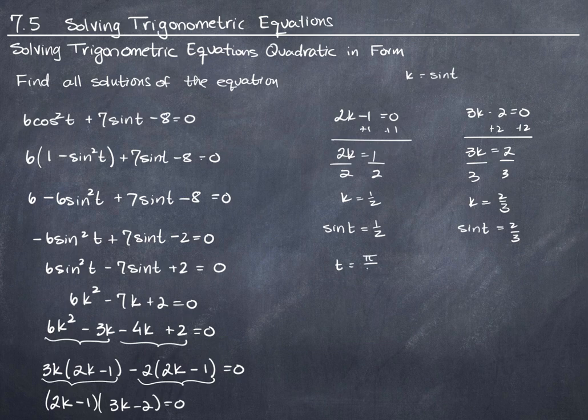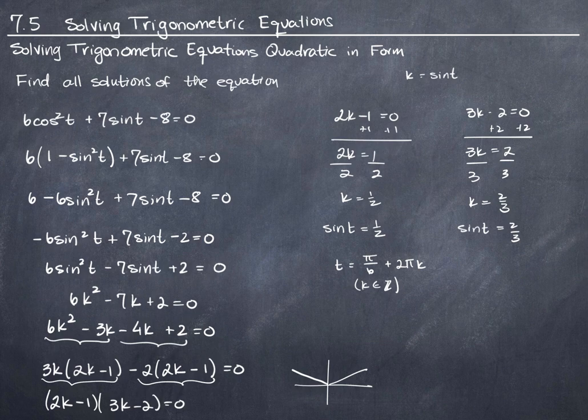So there's my first principal solution. I'm asked to find, in this case, all the solutions of the equation. So I'm going to have to say here plus 2 pi k, where k is an integer. And then coming down here, I have pi over 6. So I need a reference angle of pi over 6.